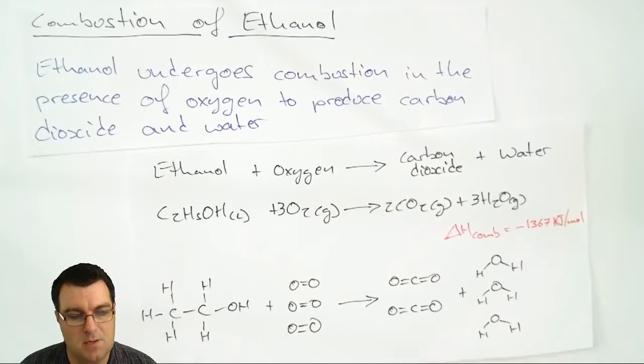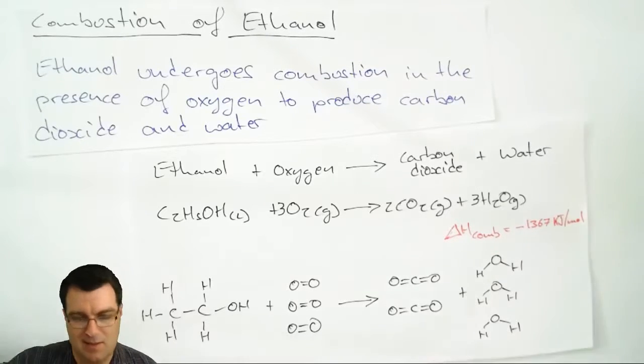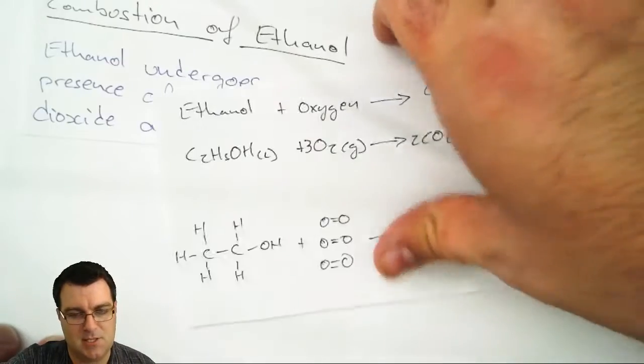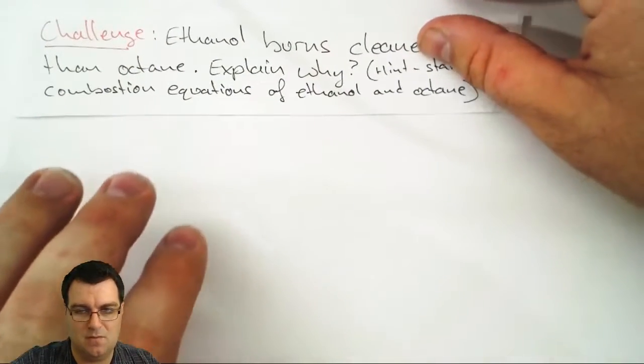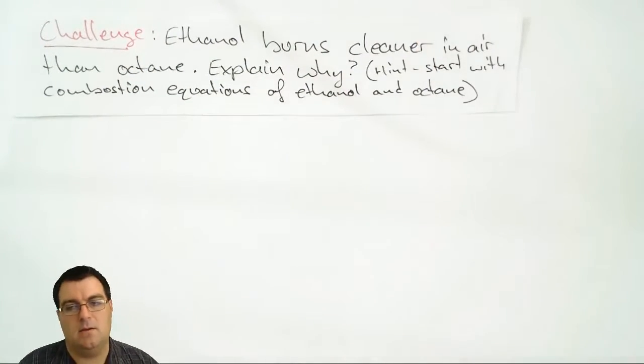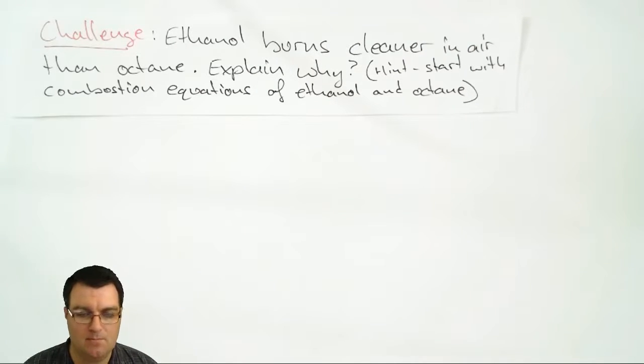Alright, before we get into what the molar heat of combustion is, let's take a look at a quick little challenge, just to see if everyone's paying attention. Ethanol is often called a clean burning fuel, and it burns cleaner in air than octane. Right now, it's your challenge to explain why.